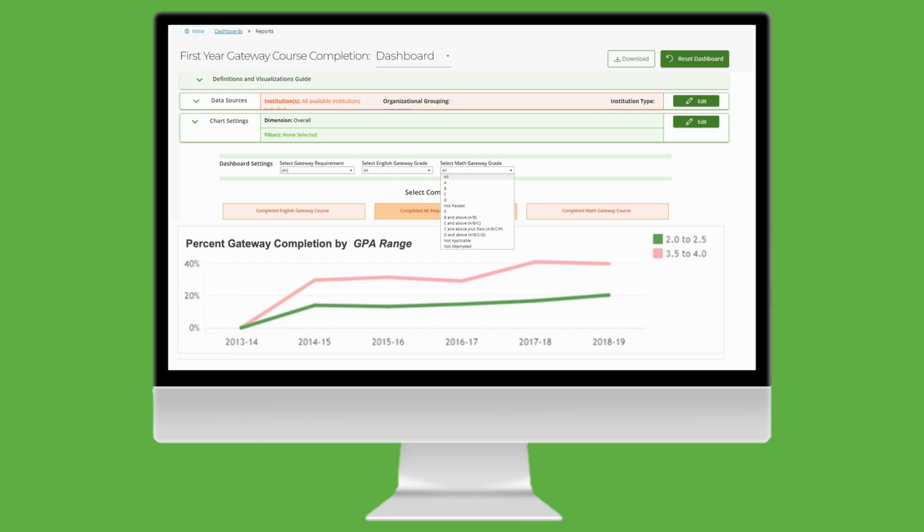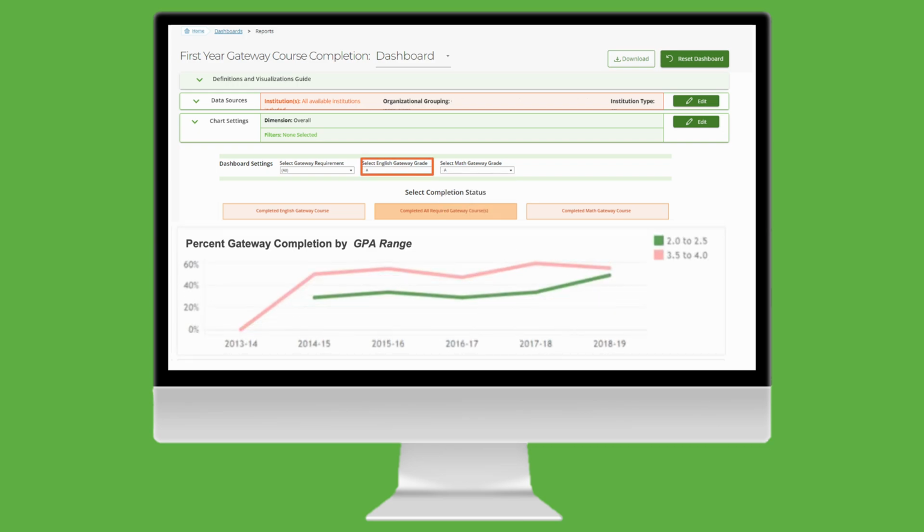The categories passed and not passed are defined by your institution. Let's click on A in the Math Gateway grade and English Gateway grade to see how that affects the achievement gap. It narrowed the gap significantly. The lower achieving students are within a few percentage points of the high achieving students.